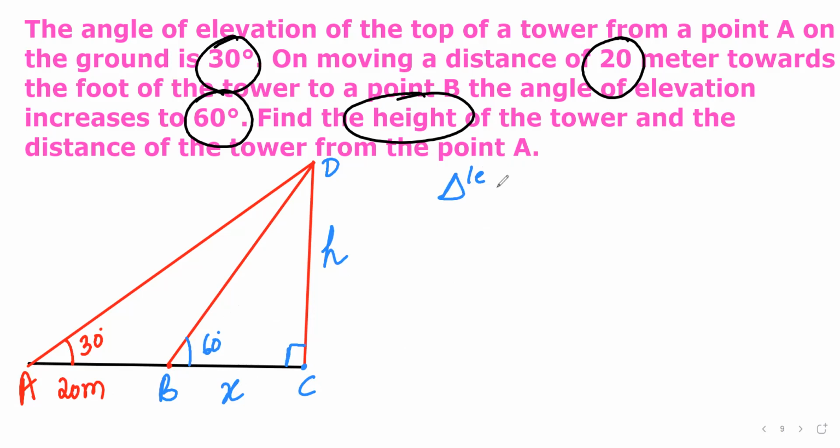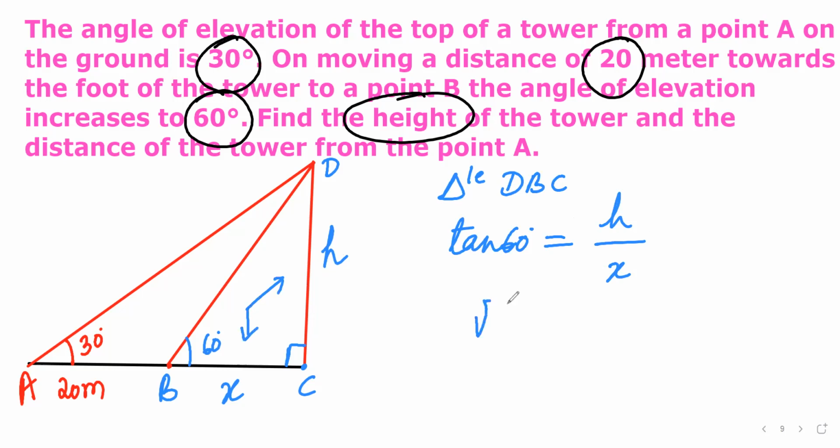So from the triangle DBC, tan 60 equals opposite divided by base. Here the opposite is H and this is the base. So tan 60 equals what? Root 3 equals H by X, and further we can simplify as H equals root 3 into X meters, cross multiply.